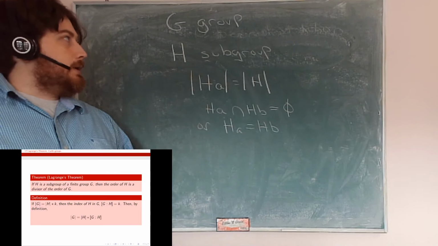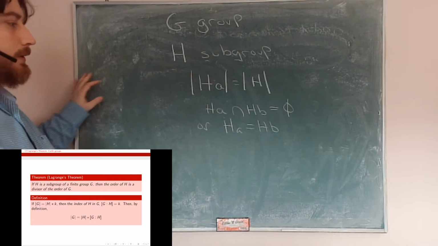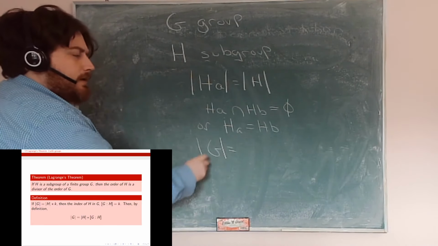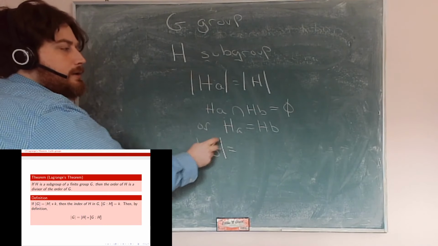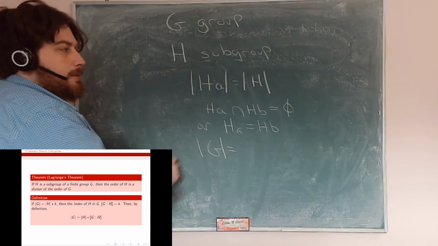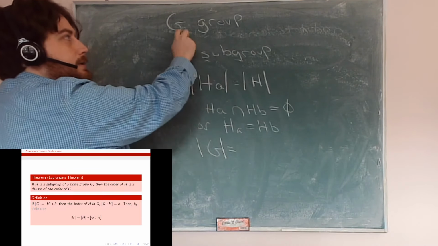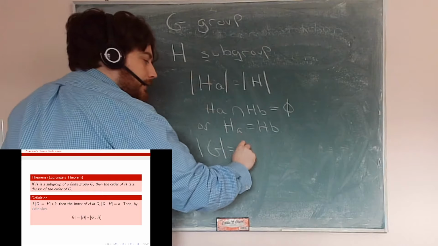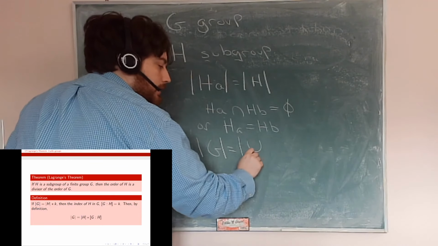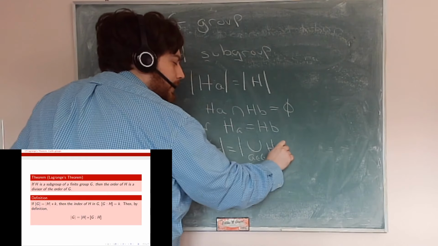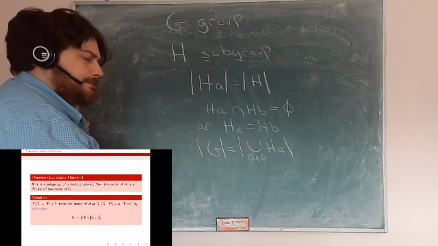Now using this, if I want to find the cardinality of G, since these cosets form a partition, because this was an equivalence relation, we also had that the union of all of these was just all of G. So G is the union over all a in G of my right cosets Ha.